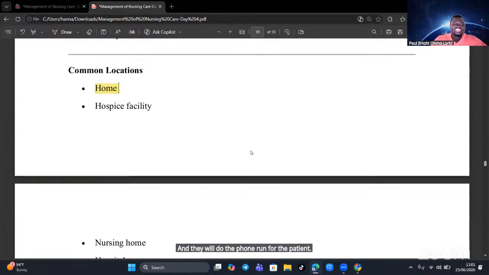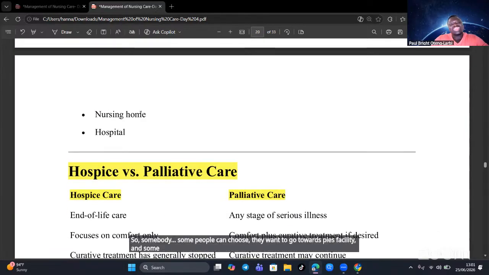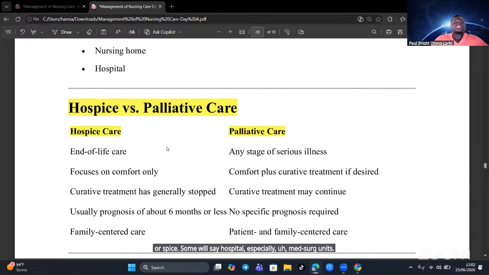So some people can choose a hospice facility, some will say nursing home, hospice, some will say hospital, especially med-surg units. So if you went to work as a med-surg nurse and they told you one of your patients is on hospice, you should be ready for anything on the shift.